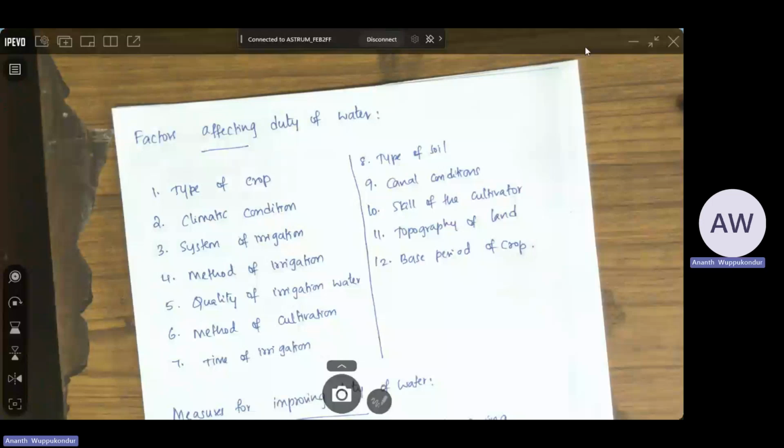So if for some crops we are supplying only 1 meter cube per second, then the area would be smaller. And if the water requirement is low, we can irrigate higher areas.